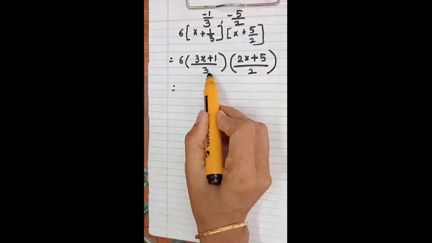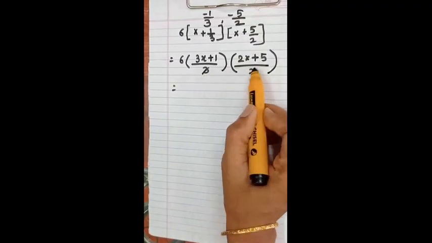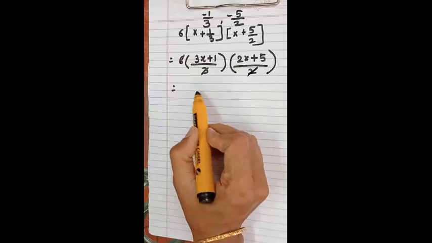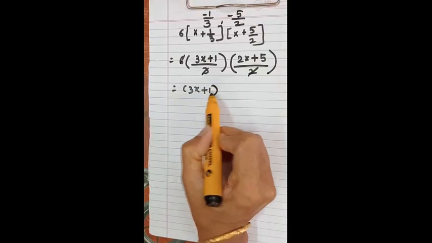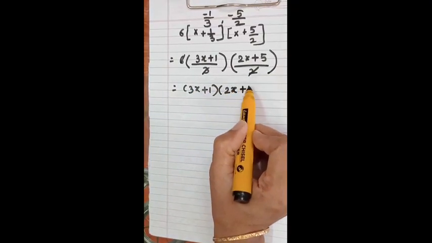So by multiplying, the 6 gets taken out, and you get the two factors, 3x plus 1 and 2x plus 5.